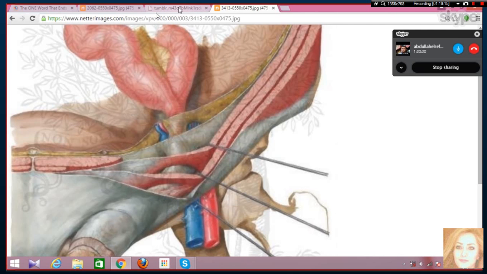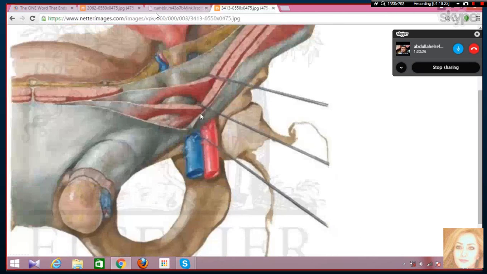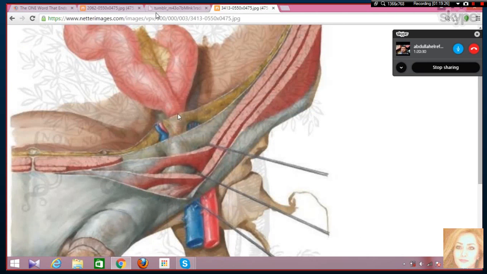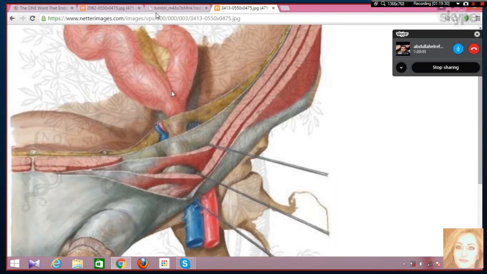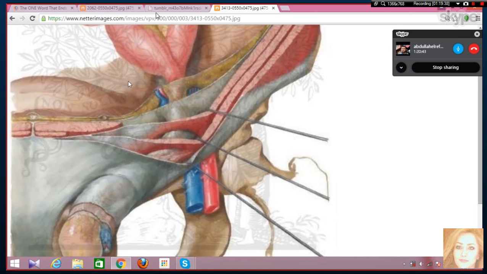And if you're in the lateral fossa, where is your weak point? It is the deep ring, because the intestine can go to the deep ring, then the canal, then the superficial ring. But if you're in the medial inguinal fossa, our weak point is a triangle called Hesselbach's triangle.